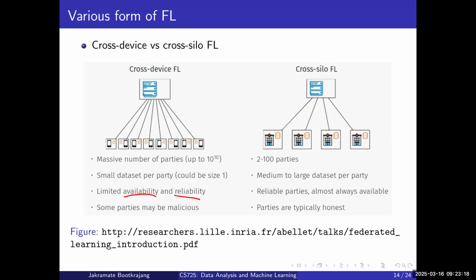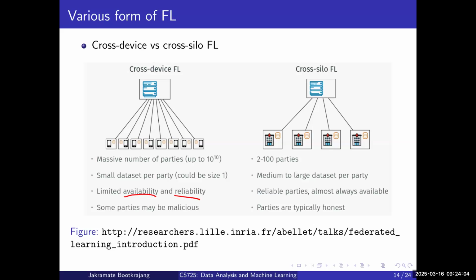So in this particular setup, you would not try to communicate with all of the devices at the same time. You would have some randomized way of choosing a subset of the devices and then tell them to train. And then when you get the weight back, you update your weight, and then you pick a new subset of devices, and then you let them train. So that would be a way to combat the availability issue, because you cannot be sure that all the devices will be online at the same time.